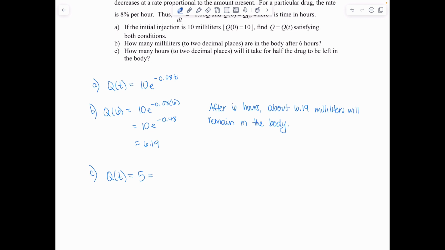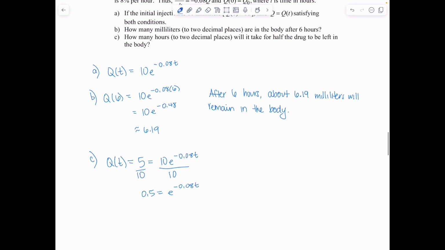And Q of t being 10 e to the negative 0.08 t. So now we're solving for that t value. First, let's divide by 10. So we have 0.5 equals e to the negative 0.08 t.